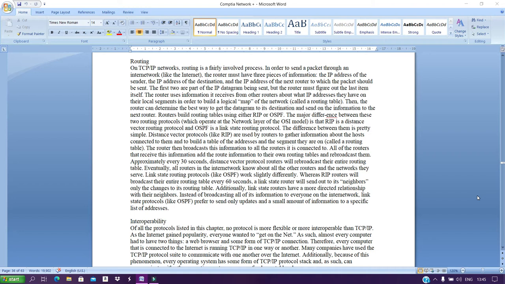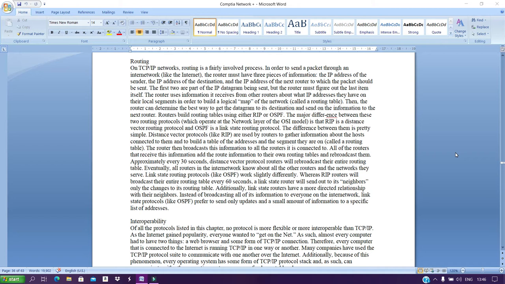Distance vector protocols like RIP are used by routers to gather information about the hosts connected to them and to build a table of the address and the segment they are on, called a routing table.